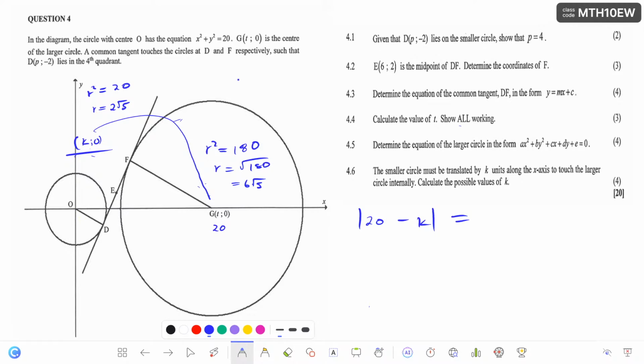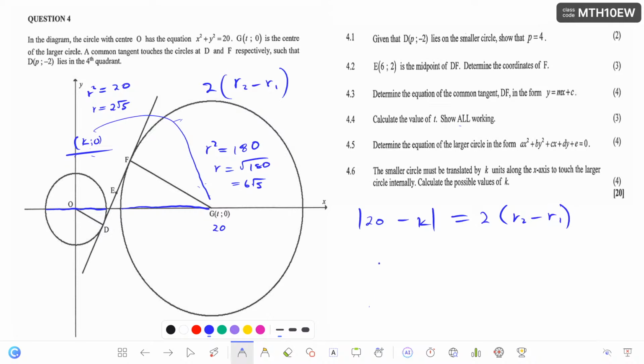The difference of radius means R2 minus R1. But it needs to be twice. Why? Because we can't just shift only one radius. We also need to shift the other radius, so it's going to be twice R2 minus R1.